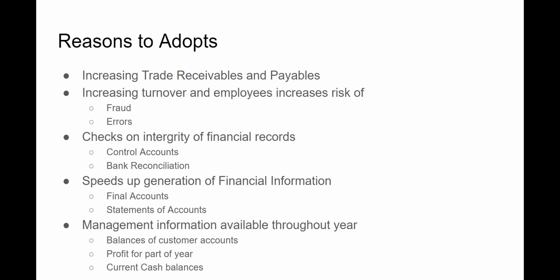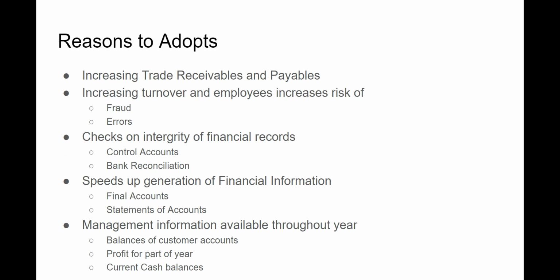But once you start to have customers owing you money and an increasing number of customers owing you money, then you need to know how much a customer owes you at any time, partly to do with making sure that you have effective credit control and you don't just let customers owe you large sums of money they might never be able to repay, but also just in terms of collecting the money off people. If you are just relying on memory, at some point you will forget that you've made a credit sale to somebody and you will never be able to collect the money.